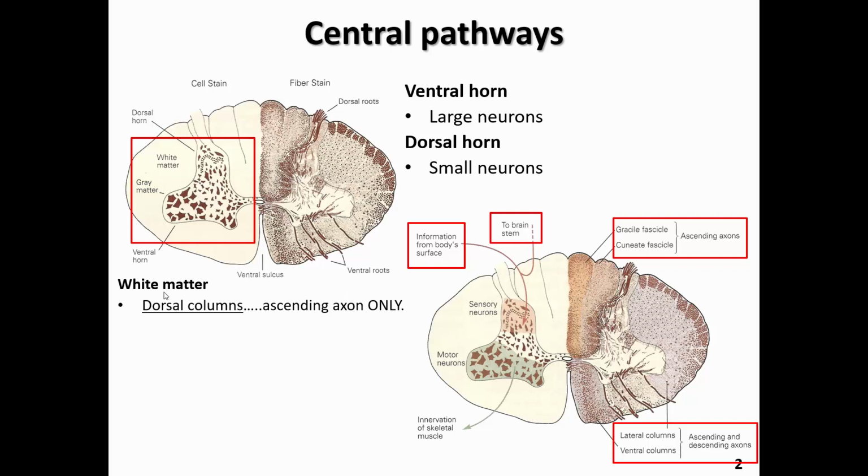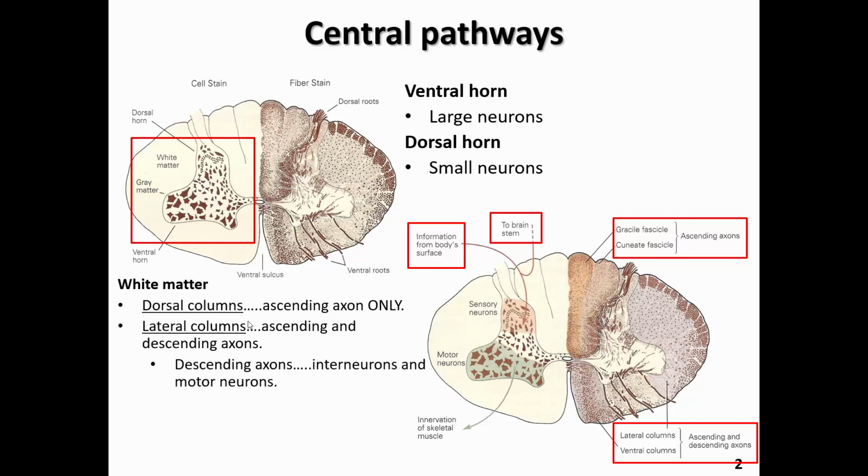So when we take a look at the white matter, the dorsal columns, as illustrated by these two unique areas, contain ascending axons only. The lateral columns outlined here on the bottom right-hand corner contain both ascending and descending axons, remembering that ascending is transmitting sensory information, descending is transmitting motor information. The descending axons are transmitting motor information through upper motor neurons as well as interacting with interneurons.